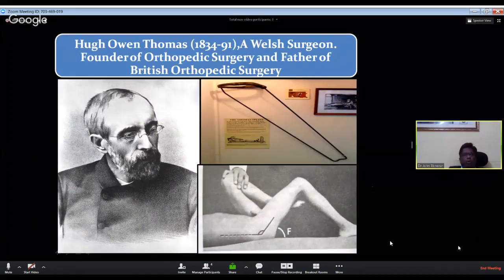Sir Hugh Owen Thomas, a Welsh surgeon, was the founder of orthopedic surgery and father of British orthopedic surgery. You cannot forget this person. Even the simple, innocuous looking Thomas splint, which he discovered, has played a big role in the management of femur fractures and hip pathology. This is the man whom we should always remember.